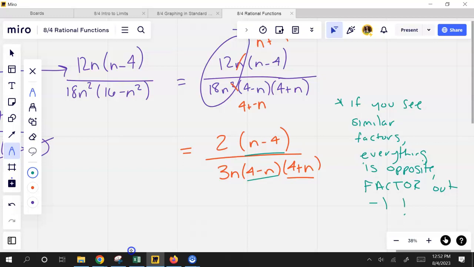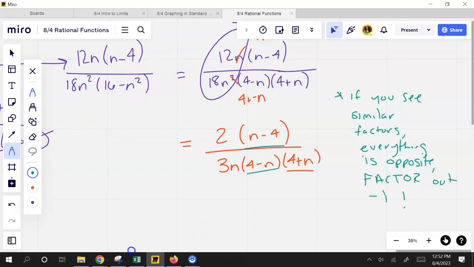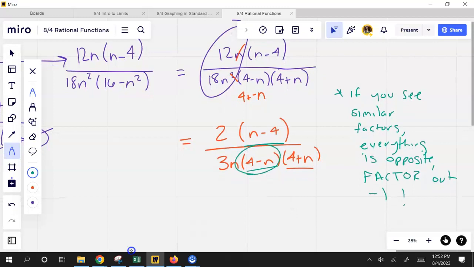Pick one. It doesn't matter. We just need them to look alike, and they're really close to looking alike right now, right? So let's just say this one. If I take out a negative 1, so I've got 2 times n minus 4 over 3n. Now, this is still times, so I've got negative 1 times. If I change all the signs in here, I get negative 4 plus n.